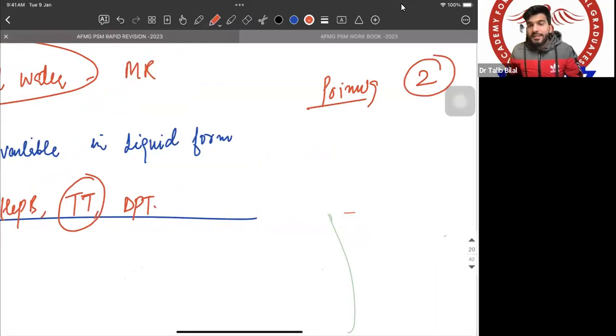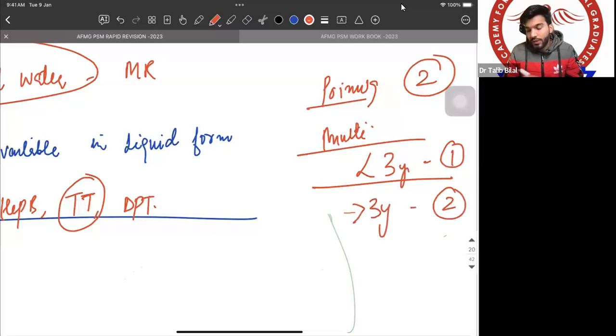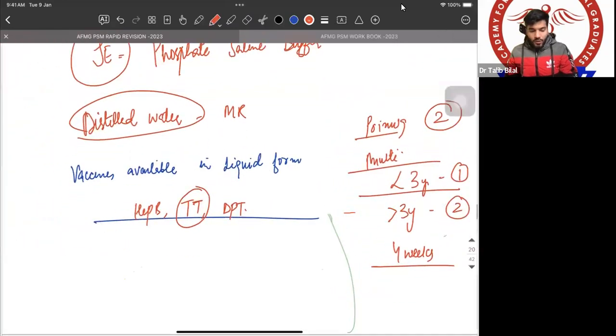But if she is a multigravida and the last childbirth was less than 3 years ago, then 1 dose. If more than 3 years, then 2 doses. The minimum gap between the 2 doses should be 4 weeks. So that was all about this.